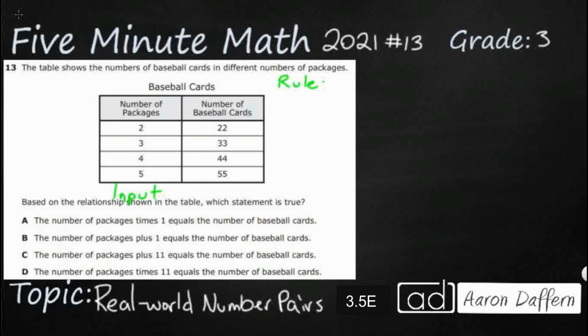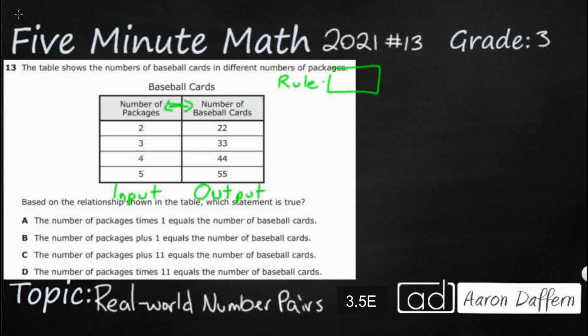That's the rule that we're going to figure out. And then the output tells us how many cards we're going to get based on the number of packages that we choose. What's going to help us here is to know that we need to look side to side. We're going to be looking between the 2 columns. We're not going to be looking up and down. We're looking side to side.